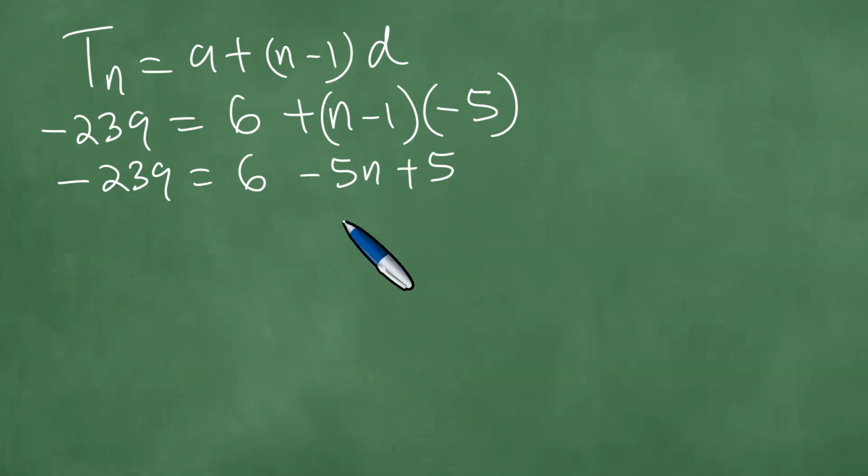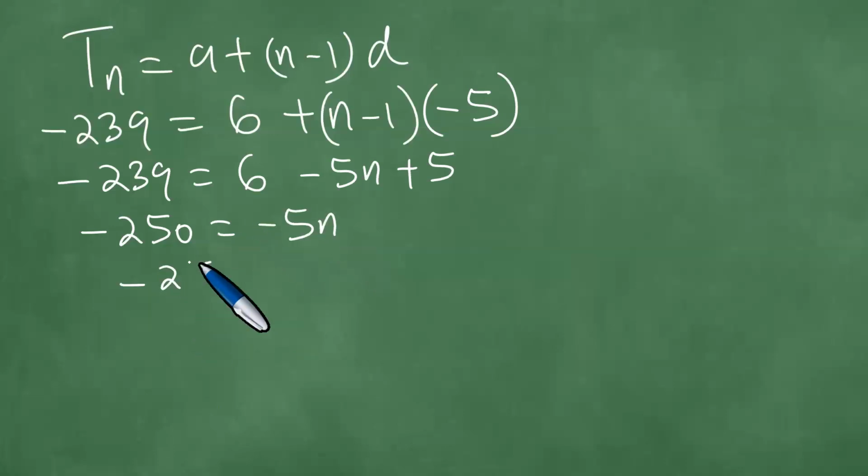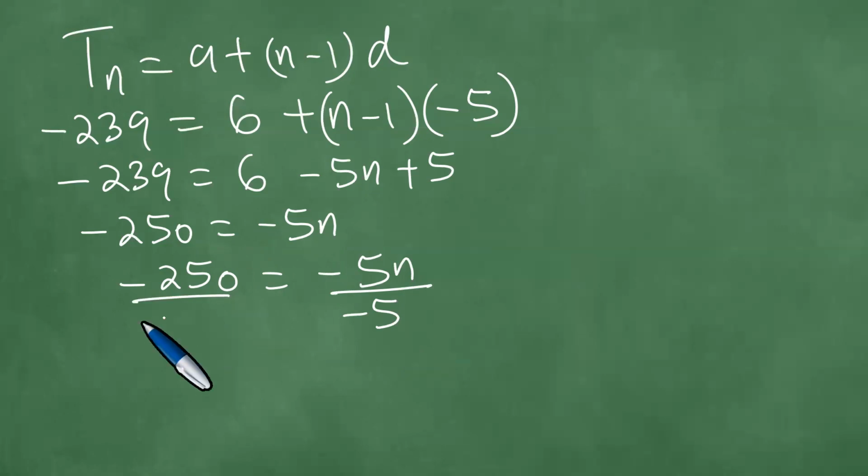The sum here is 11. So you have 239 plus 11, 250. So minus 250 is minus 5n. You divide, which means n is 50.